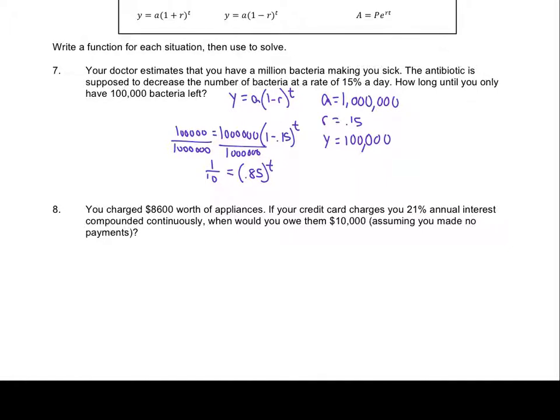We're going to rewrite this as a log, so log base 0.85 of 1/10 equals t. We're going to use change of base, so you're going to go log of 1/10 divided by log 0.85 equals t. So our time is approximately 14.17 days.